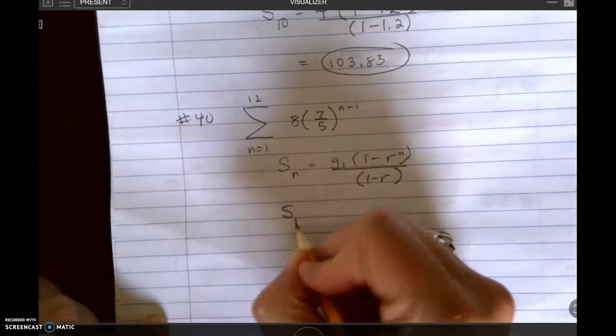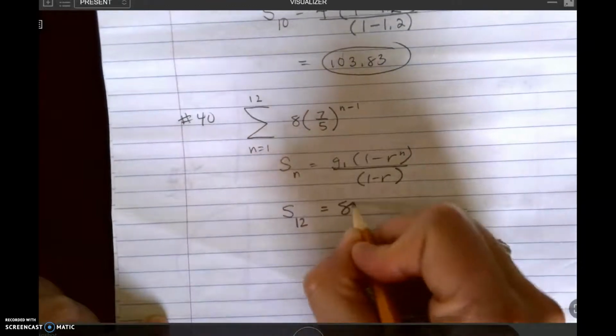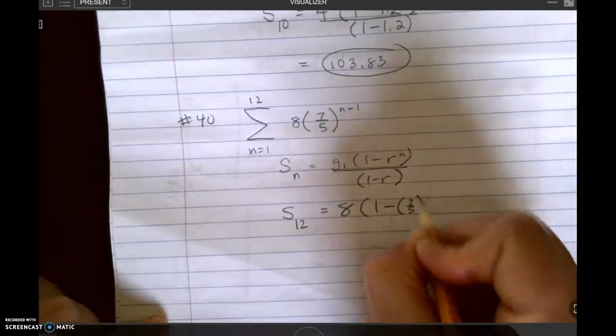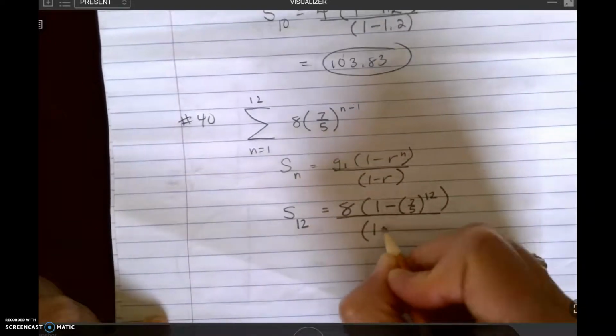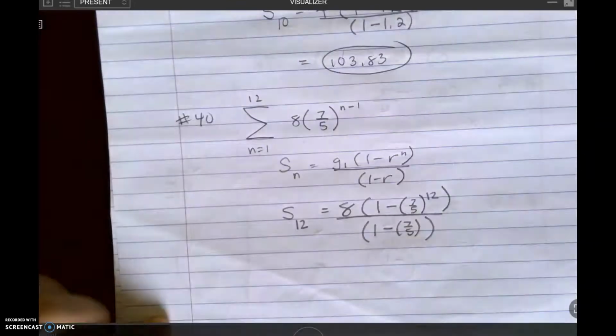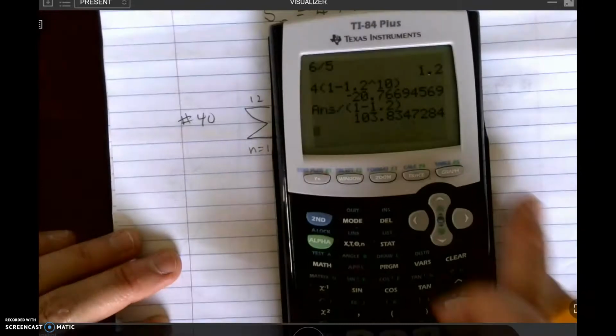So S sub 12 is the first term, which is 8. 1 minus, I've got to protect that fraction with parentheses, all divided by 1 minus 7/5. So I'll put this in my calculator.